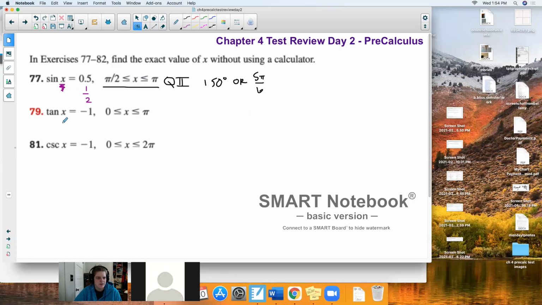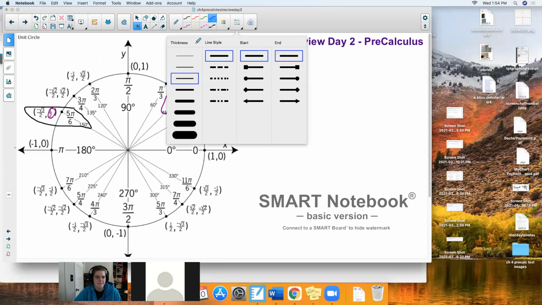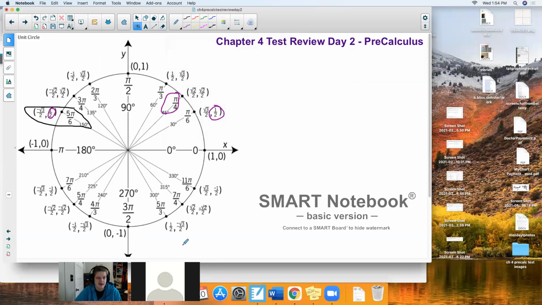The next one, we're trying to find out at what degree we are going to get a -1 for our tangent. So again, going back here, -1 for tangent. That means that sine and cosine, one of them is negative. So here and here, because they would make a fraction of -1 if they were put together.